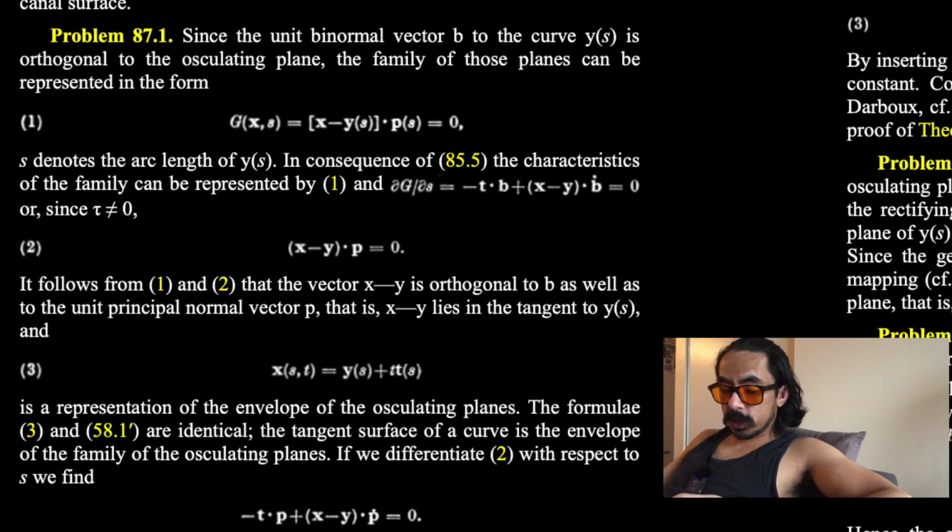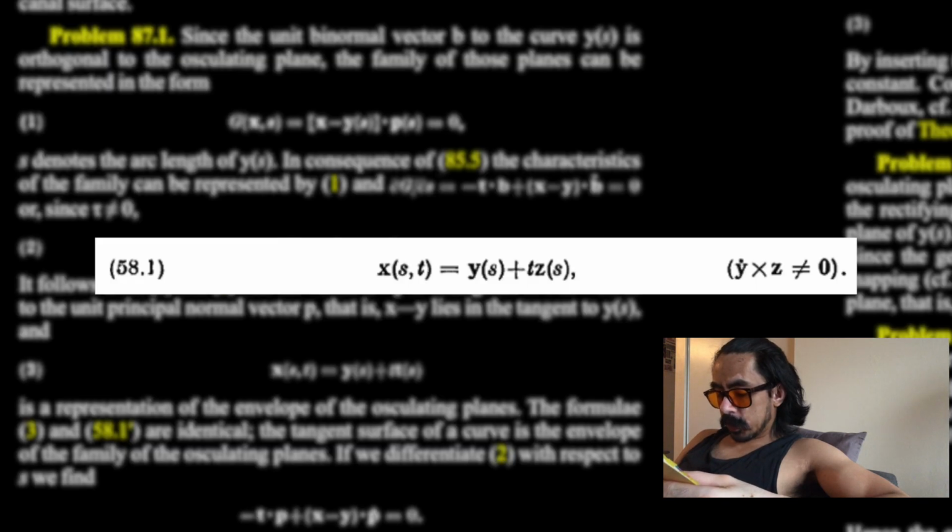The formula for x(s, t) that I just read, and expression 58.1, which is the representation for a ruled surface, x(s, t) = y(s) + t·z(s), where y-dot cross z is not equal to the zero vector.